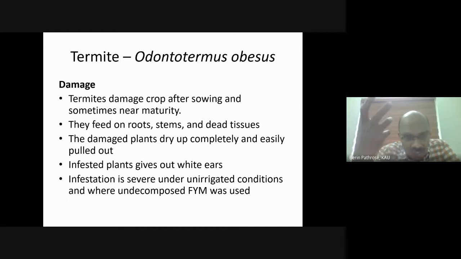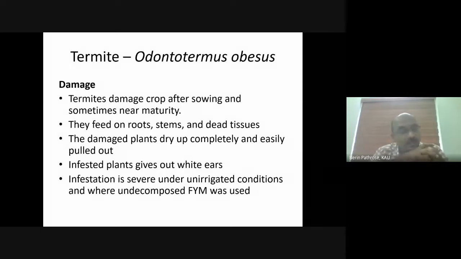So it will be white ear and the grains will be chaffy. And as I already told you, if the crop is facing any water shortage, that means if there is an unirrigated condition prevailing in the crop, and if they use undecomposed farmyard manure, then termite infestation can increase.